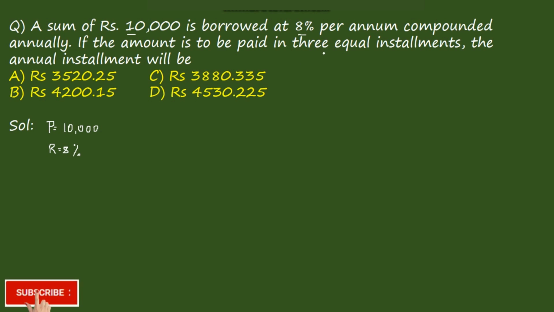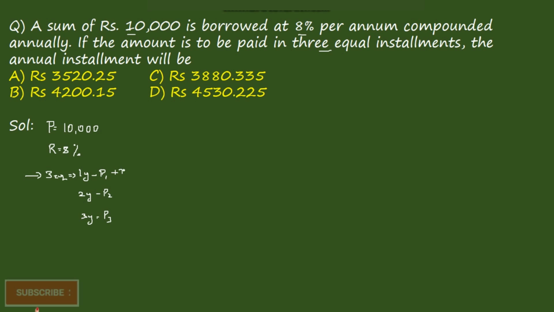The amount is paid in 3 equal installments, which means in the first year they would pay some amount P1, in the second year some amount P2, and in the third year some amount P3.